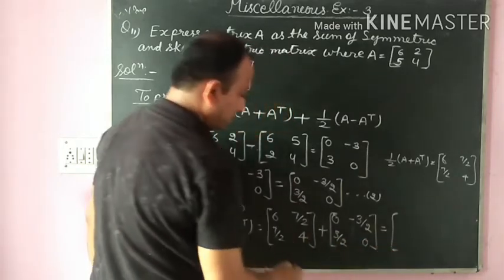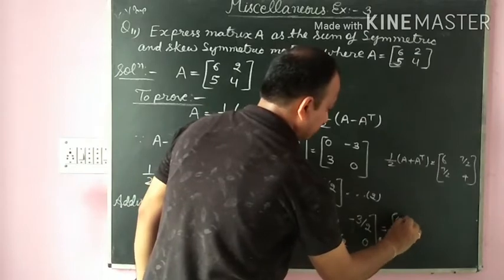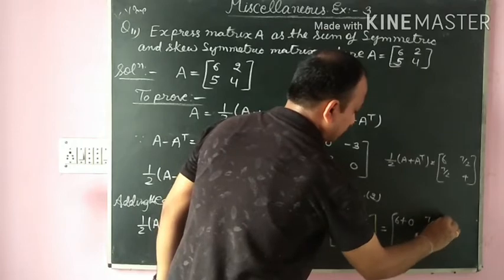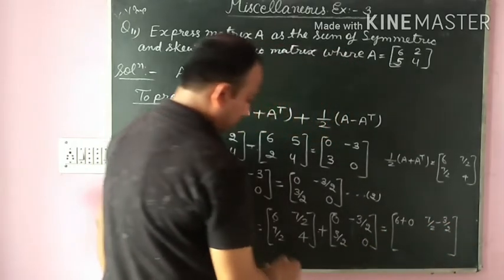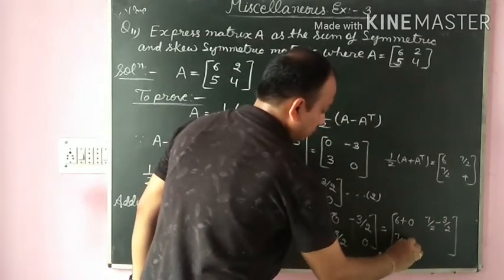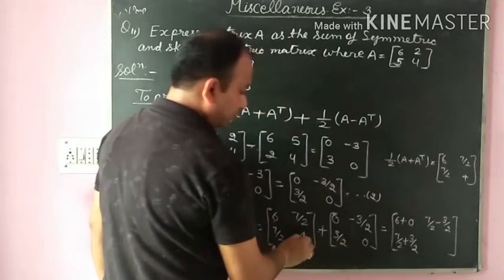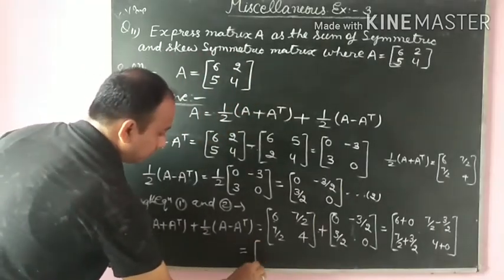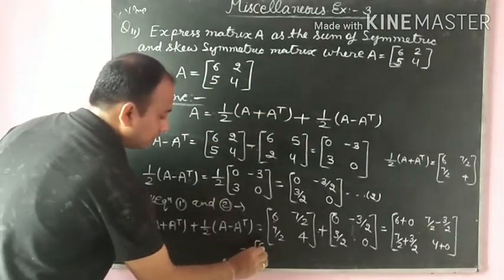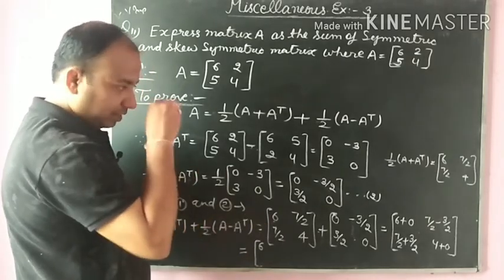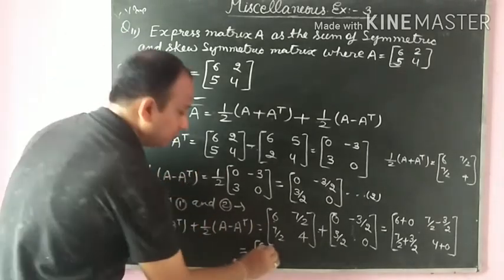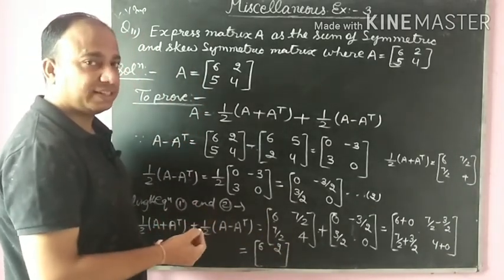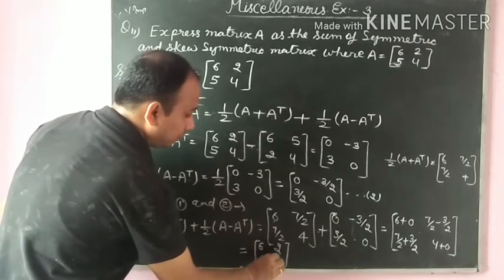Then we add both matrices: 6 plus 0, 7 upon 2 plus minus 3 upon 2, 7 upon 2 plus 3 upon 2, and 4 plus 0. कितना हुआ? 6 plus 0 is 6, 7 upon 2 minus 3 upon 2, LCM 2, then 4 upon 2, which is 2. 7 upon 2 plus 3 upon 2, LCM 2, then 10 upon 2, which is 5, and 4.